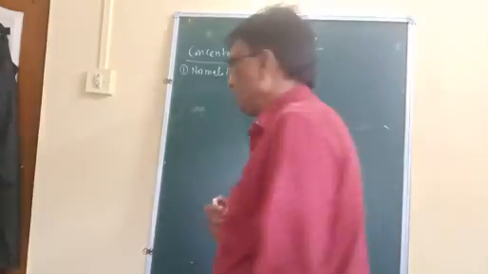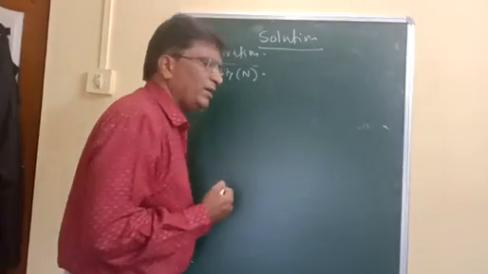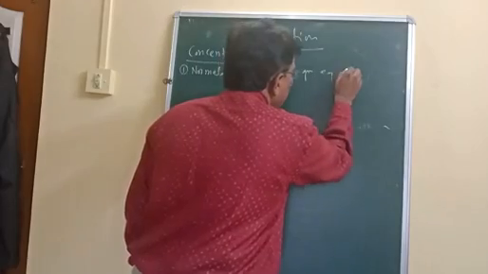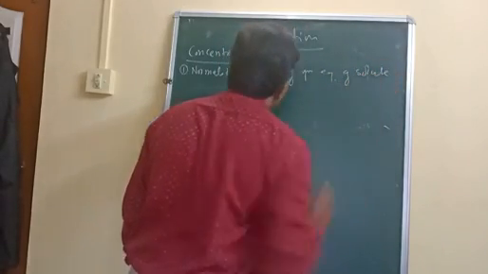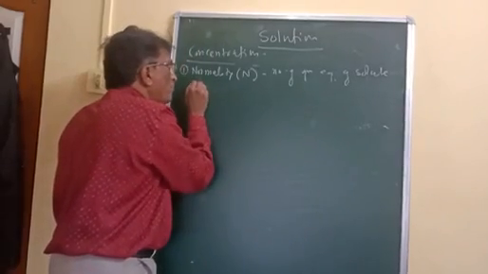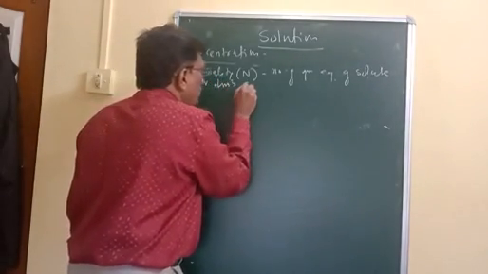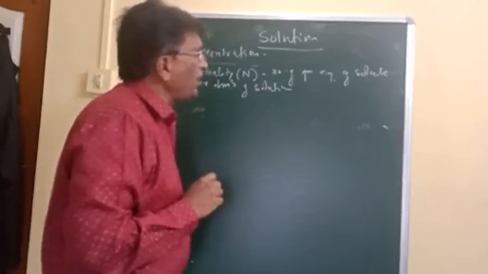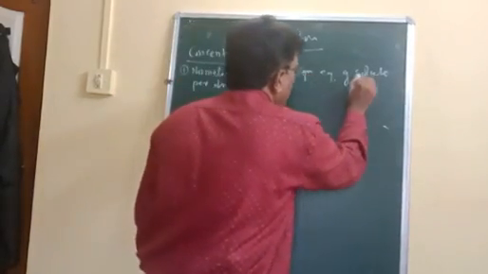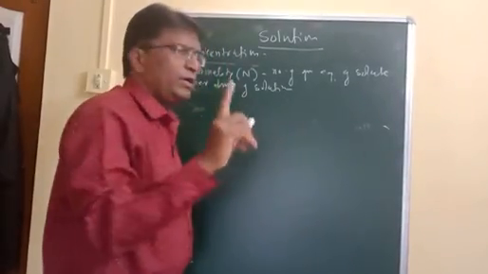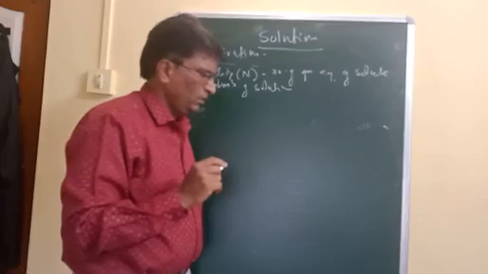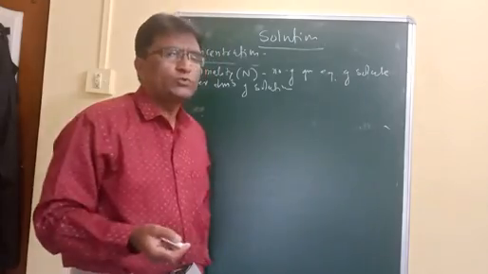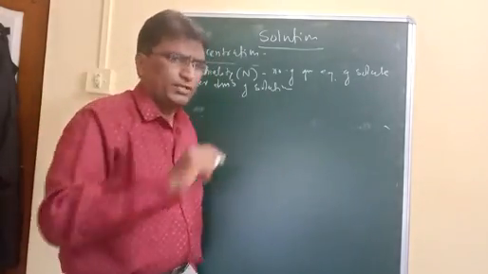Now what is normality? Normality is nothing but the number of gram equivalents of solute per dm cube of solution, or the number of gram equivalents of solute present in 1 dm cube solution. That means how many gram equivalents are present in 1 dm cube solution, that number is normality.